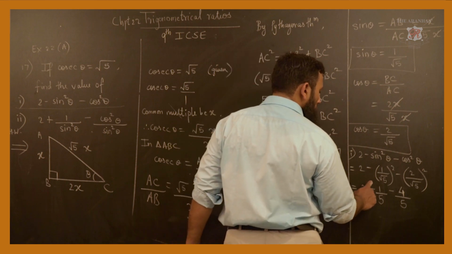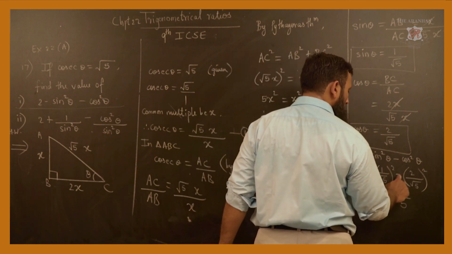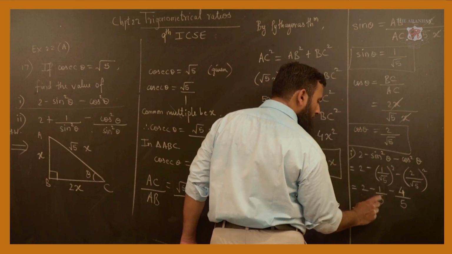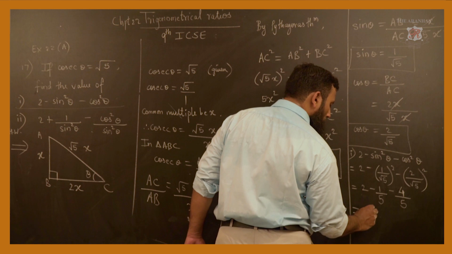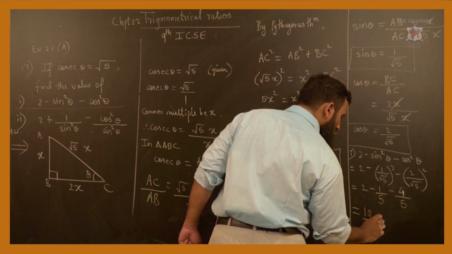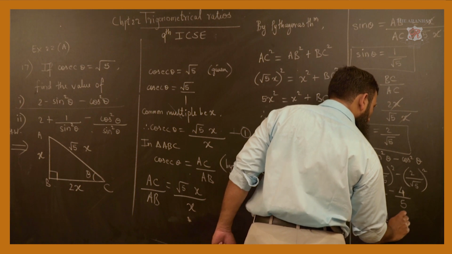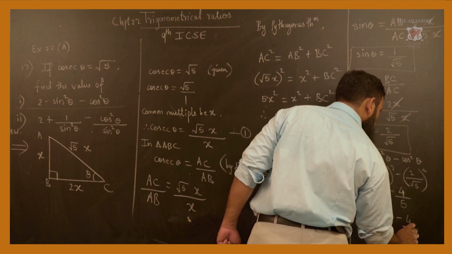So 2 minus 1 by 5 minus 4 by 5. If you take LCM here, you have to multiply here by 5 and the denominator also by 5. So it will be 10 by 5 minus 1 by 5 minus 4 by 5.